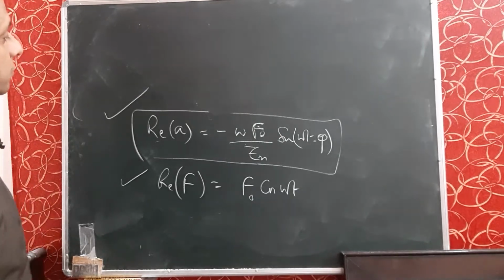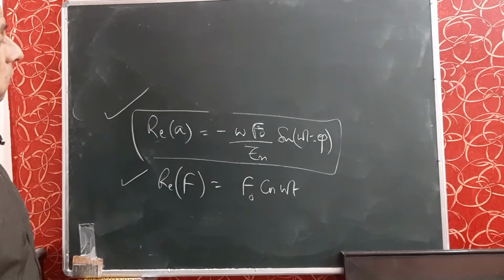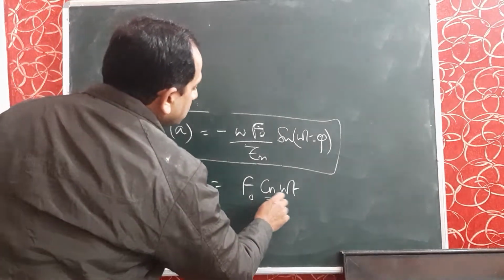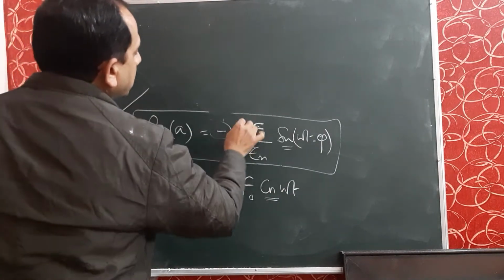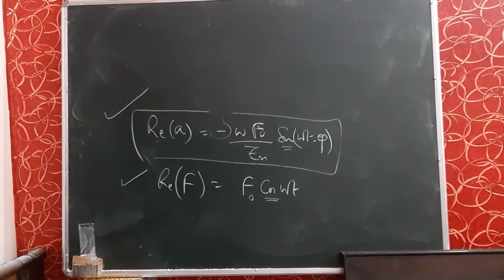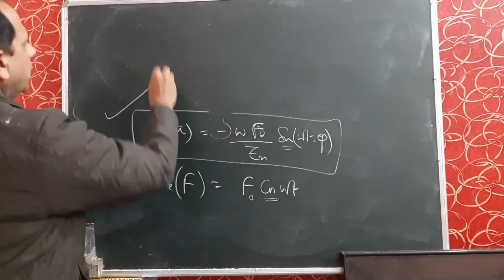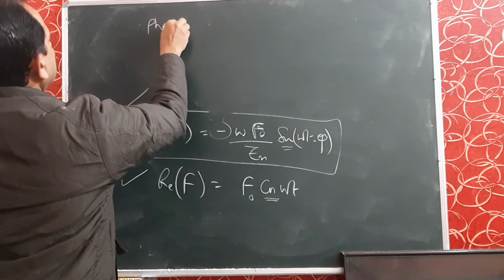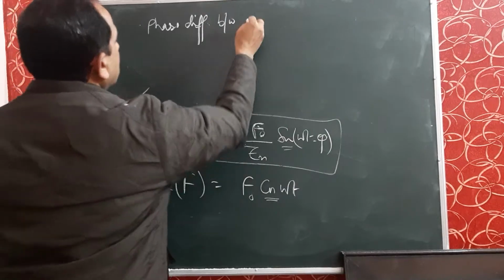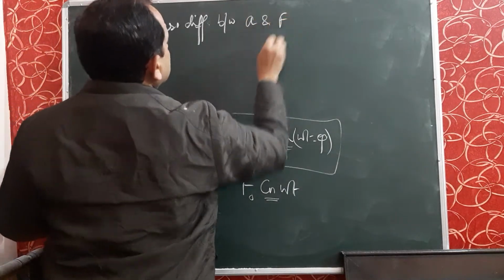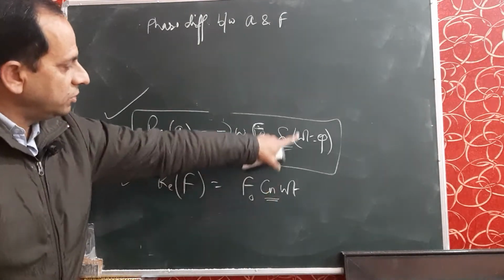When we compare these two real parts of acceleration and force, you will find here it is sin, with a minus sign, and there it is cos. When we compare both, you get the phase difference between acceleration and force. When we compare the phases, phase means angles.